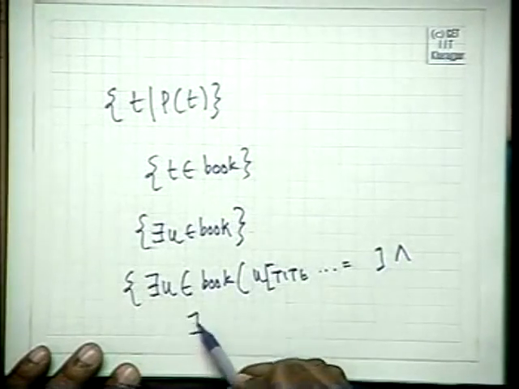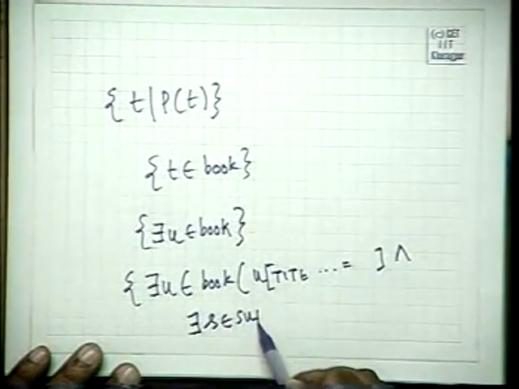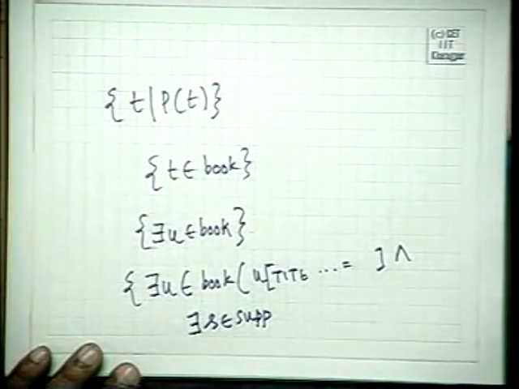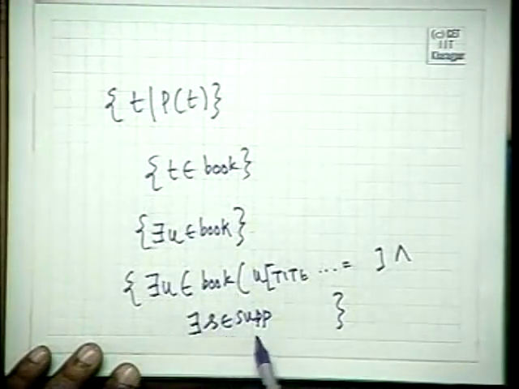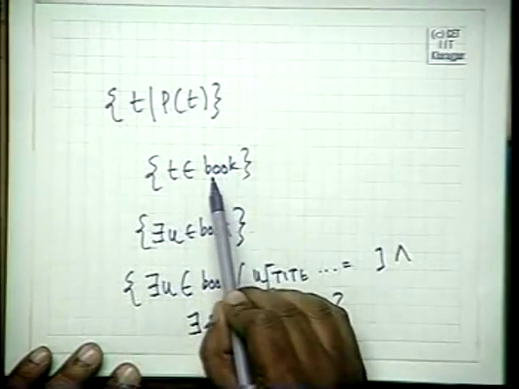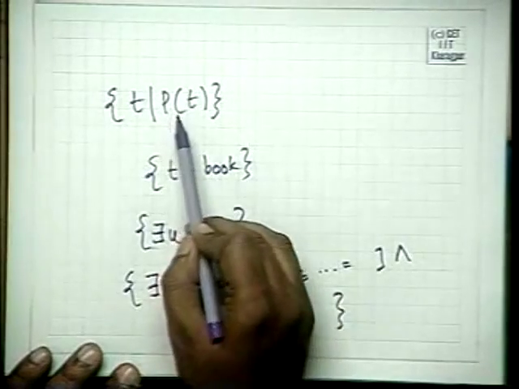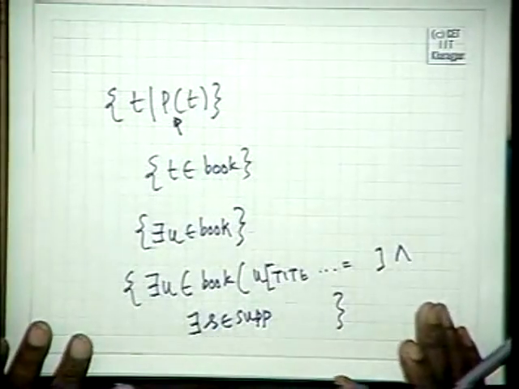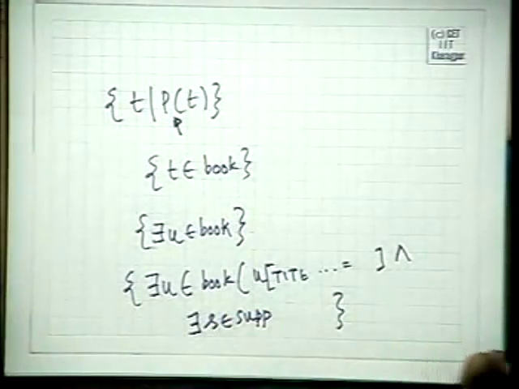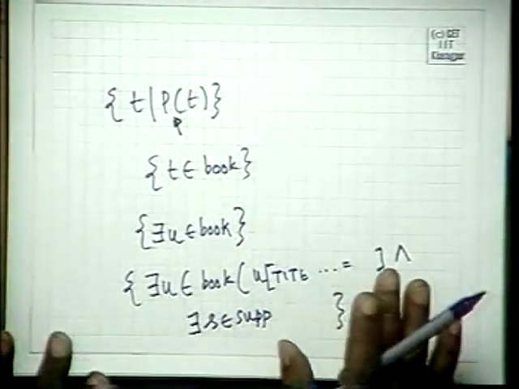and there exists S element of supplier. Then the domain of this whole expression is the domain of book and the domain of supplier. That is, all the relations which are used in this particular expression, the union of their attributes, and let us say the Cartesian product of that is my domain.